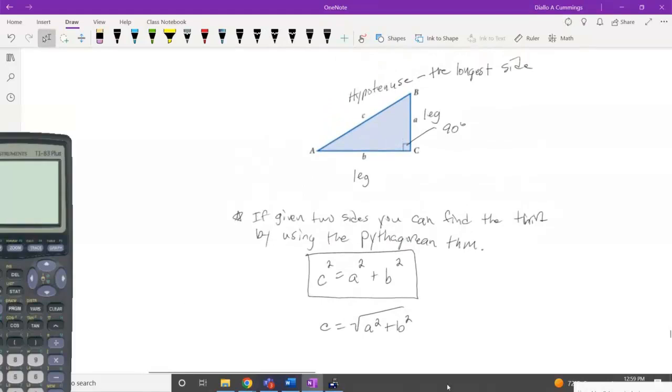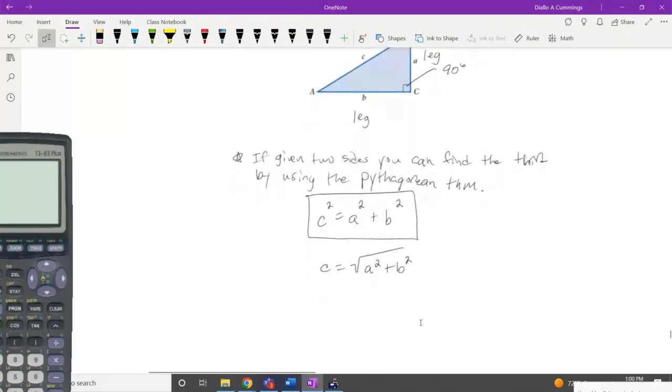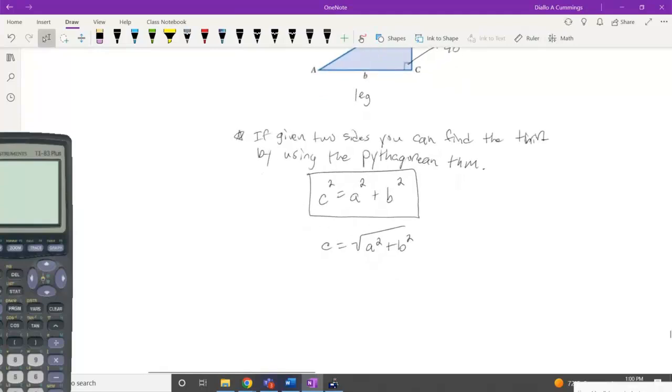So what I did here is take the square root of both sides, and the square root and the square cancel out on the left-hand side. So c squared becomes c, and the right-hand side becomes square rooted. If you had to find c, and you know a and b, you could use this formula. You can use another formula to find side length a: a is equal to the square root of c squared minus b squared.